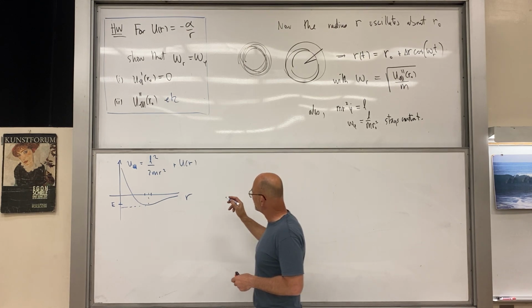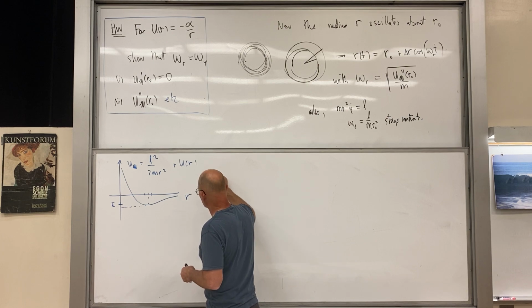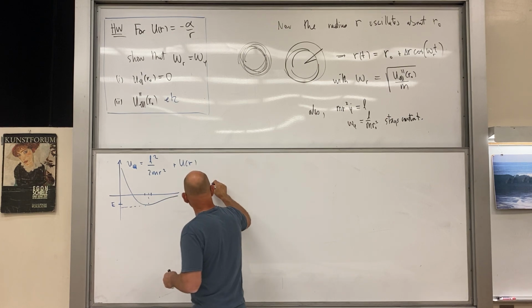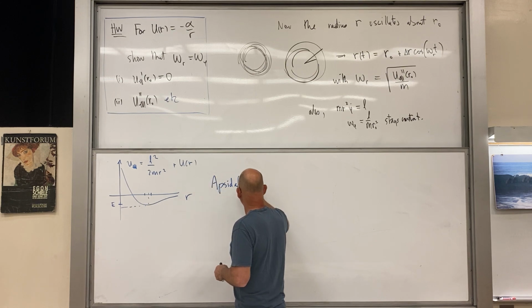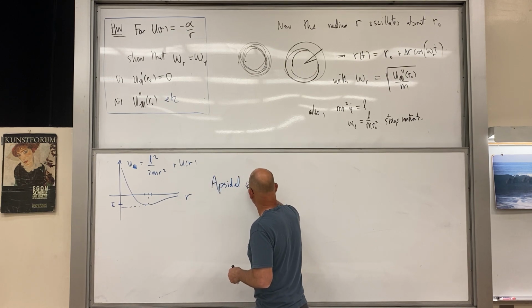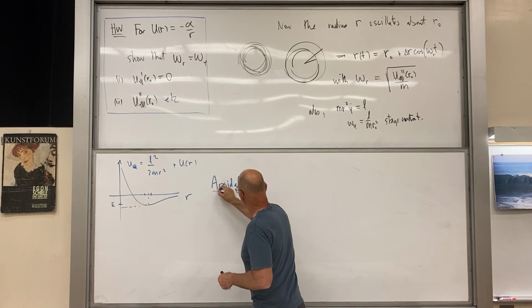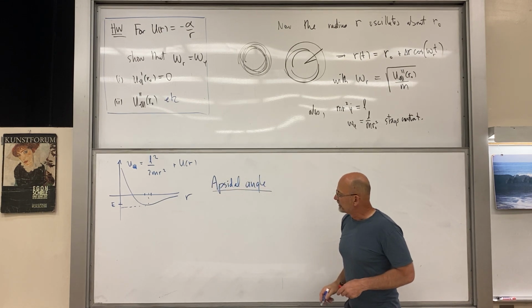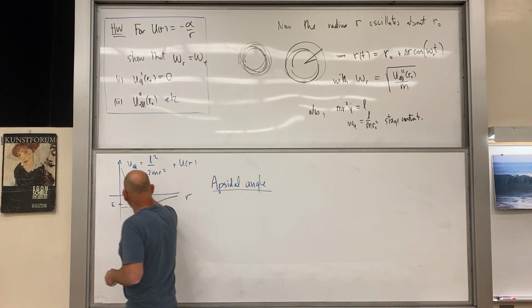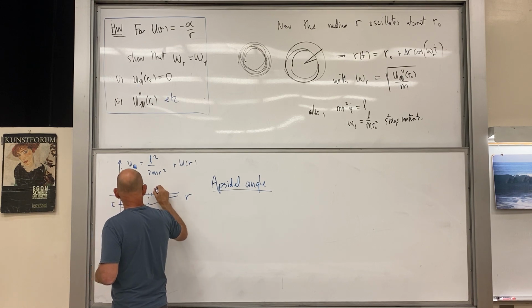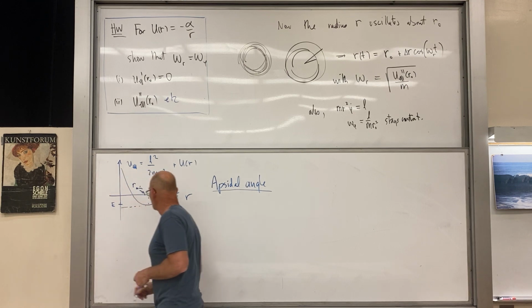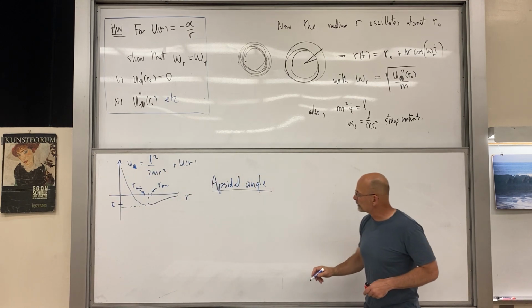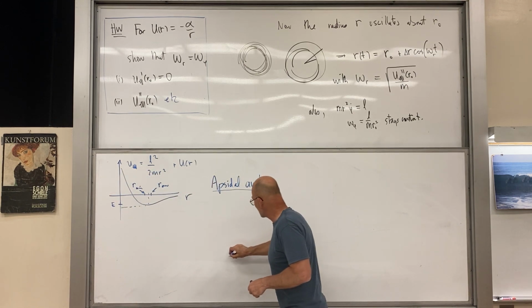And I'm now going to define what's called the apsidal angle. Basically, let's write that we have an r min and an r max here, about a nearly circular orbit. Of course, we exaggerate these things.